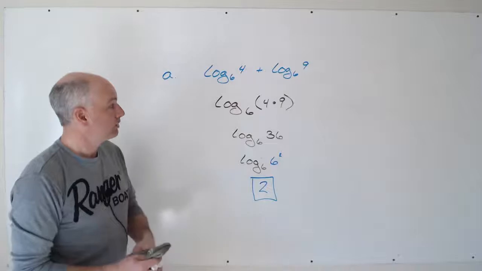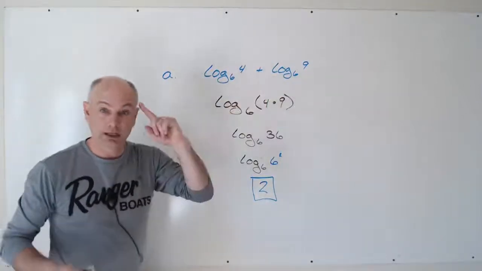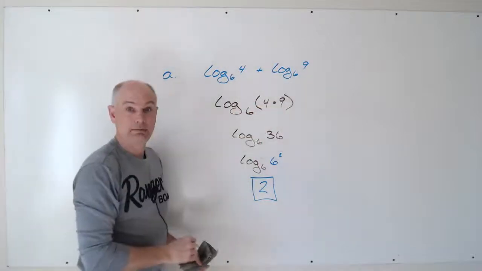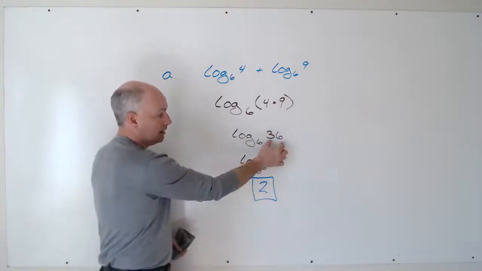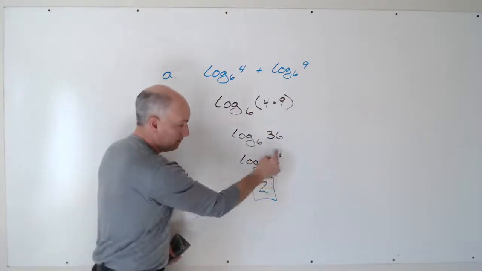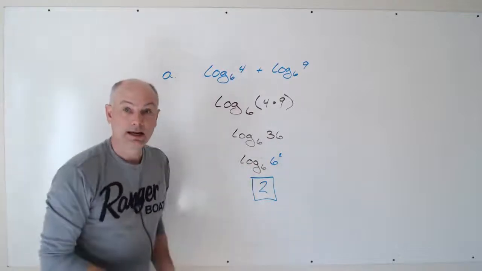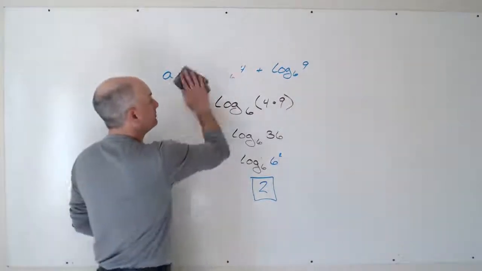Okay? So again, notice what we did. We started with an addition of logarithms. So we need to recognize an addition of logarithms with same base can be written as the log of a product. I make the product, manipulate that a little bit to a same base situation, and I can make my simplification. Now, take a look at the second one.